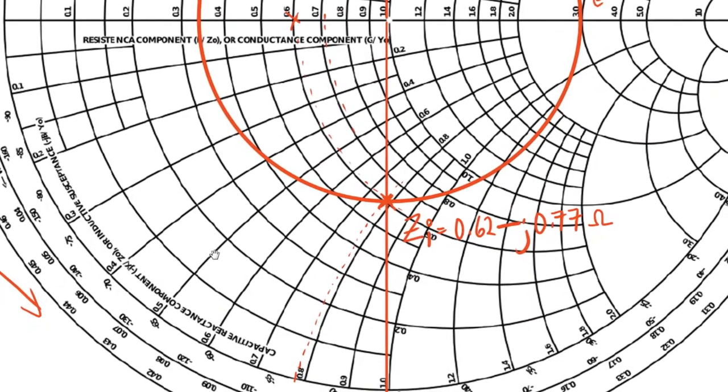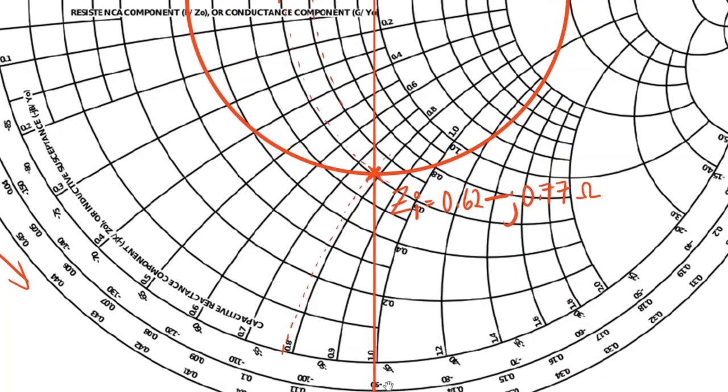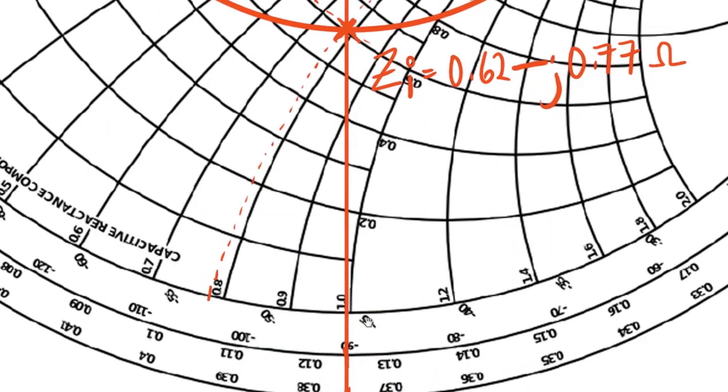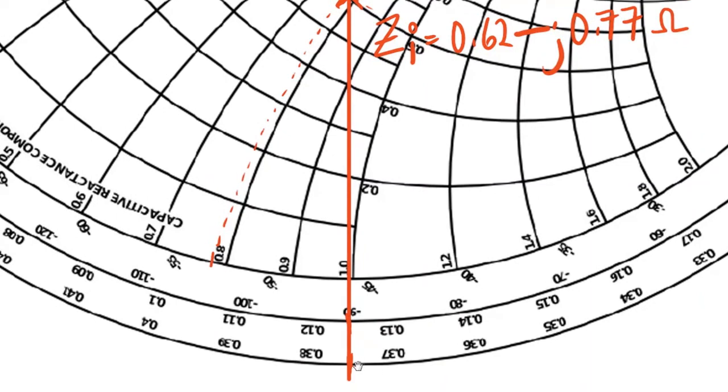As you can see, the point is 0.375 towards the generator and 0.125 towards the load, the same point.